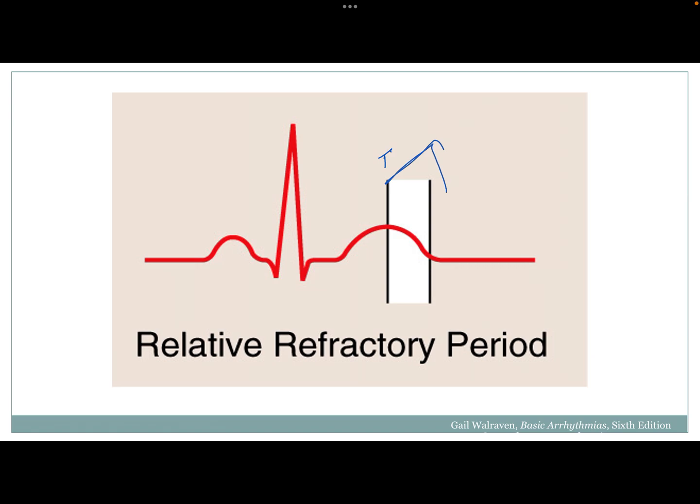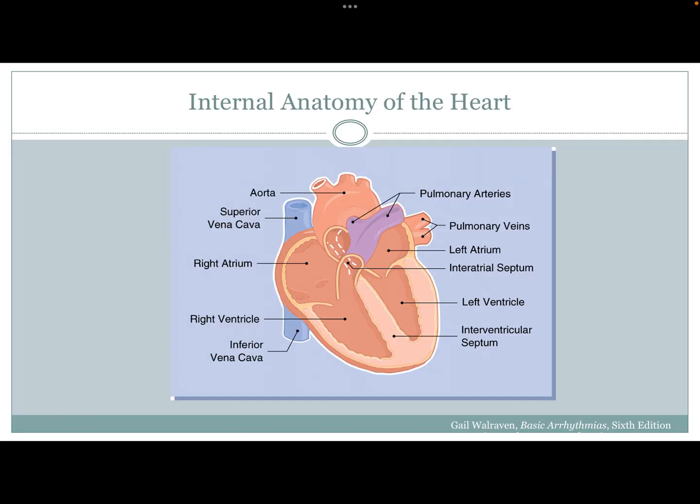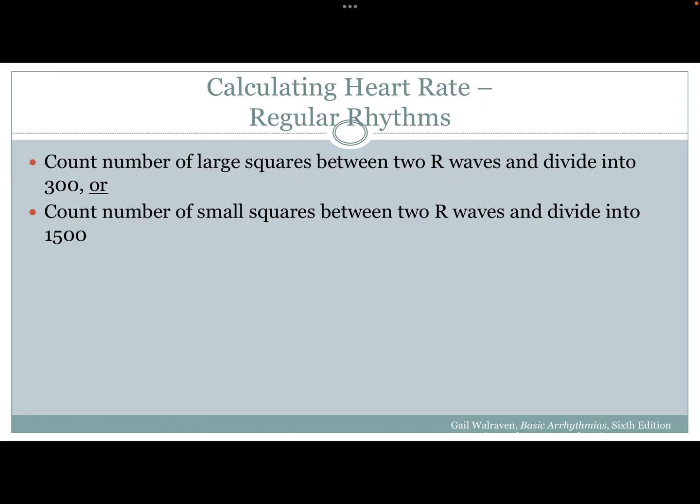So it is possible to have another QRS complex come in and hit here, and the heart can tolerate it. It's considered the relative refractory period. It really doesn't like it. It's not happy about it, but it can function. And I think this is going to give us everything we need.